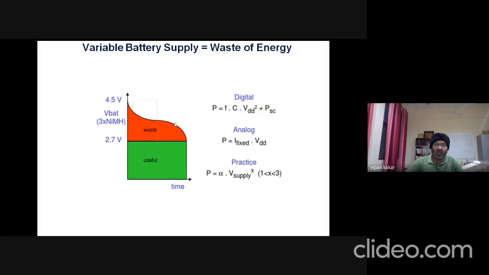That's why we want to go for DC to DC converters, so that even a 2 volt battery can be useful if we have a DC to DC converter at the intermediate level between the load and the battery, which can step up the 2 volt battery voltage to 2.7 volts and then start to operate the devices.